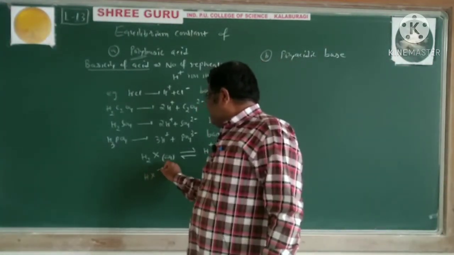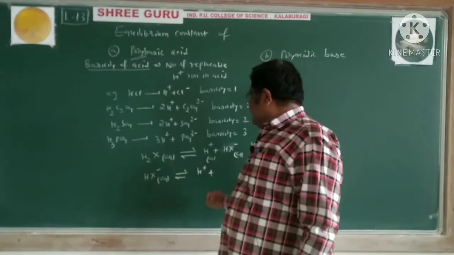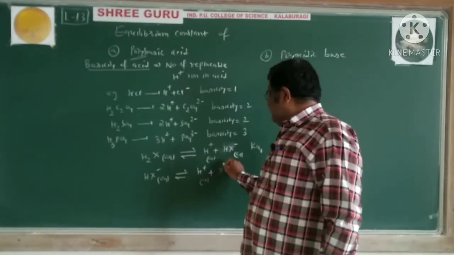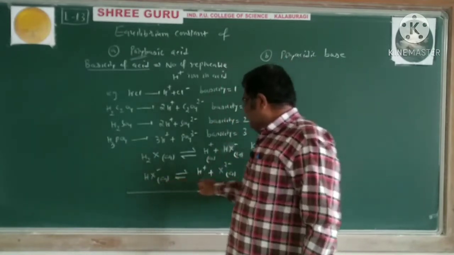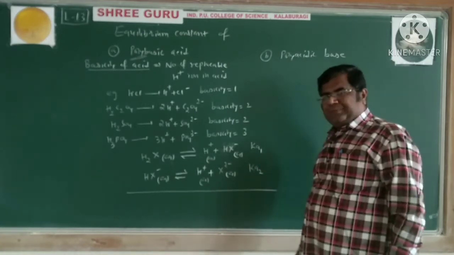In the second step, this HX negative anion again gives H plus. That's why we call it a diacid. And X2 negative. We call this Ka2.